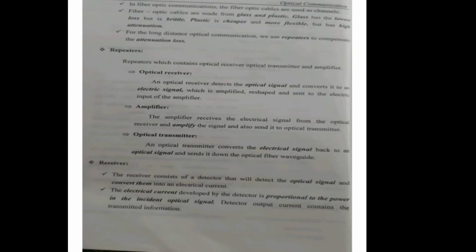The transmitter section has two parts, the driver circuit and the light source, and in between we connect the optical coupler, beam splitter, connector, splicing, and then the regenerator. And next in the receiver section we connect the photodetector, the amplifier and then the signal restorer.